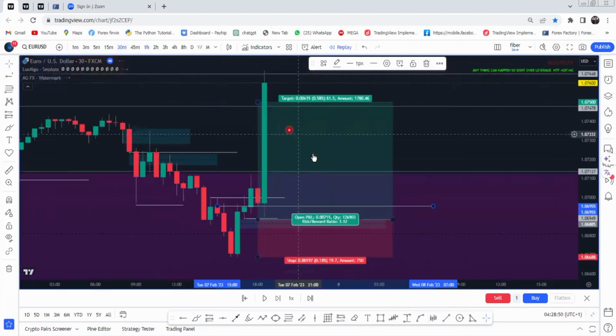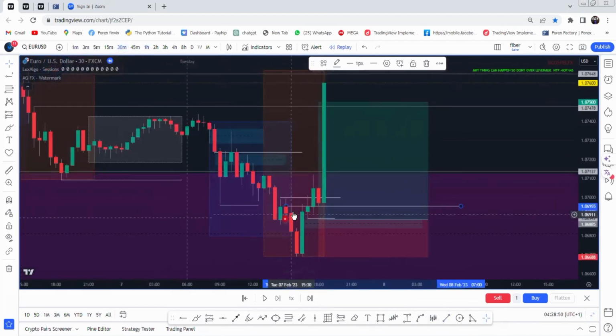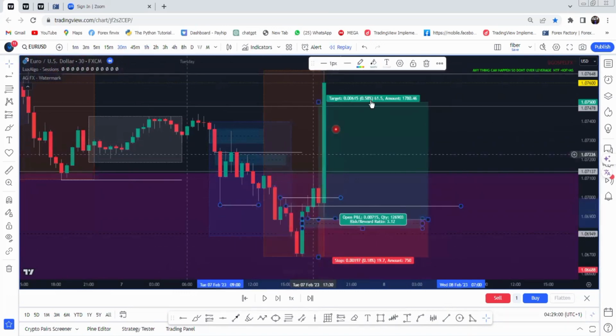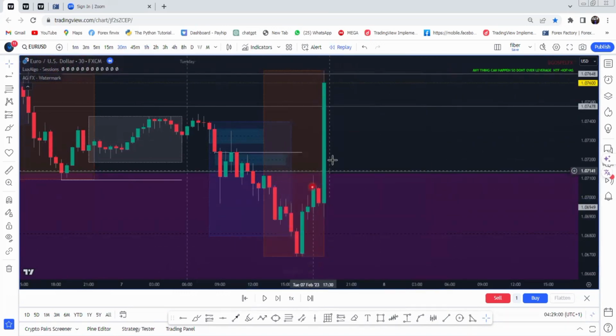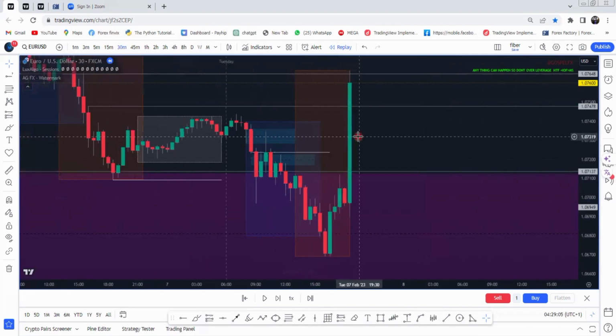So I think price came back, got support from the other block, which is also a breaker block on the 30-minute time frame. So due to the influence of the news, we were not able to get tapped in on that particular trade. So we've missed out on that trade.